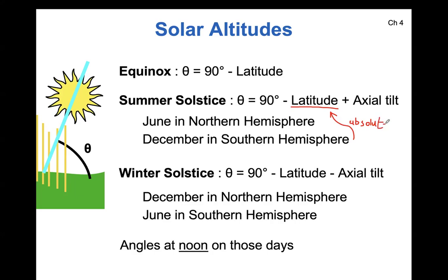That's better than having two separate formulas, in a sense. It's easier to remember that every time you take your latitude, you don't care about the sign. You just plug it in as a number greater than 0. Okay, so hopefully that's clear. And we'll carry on.